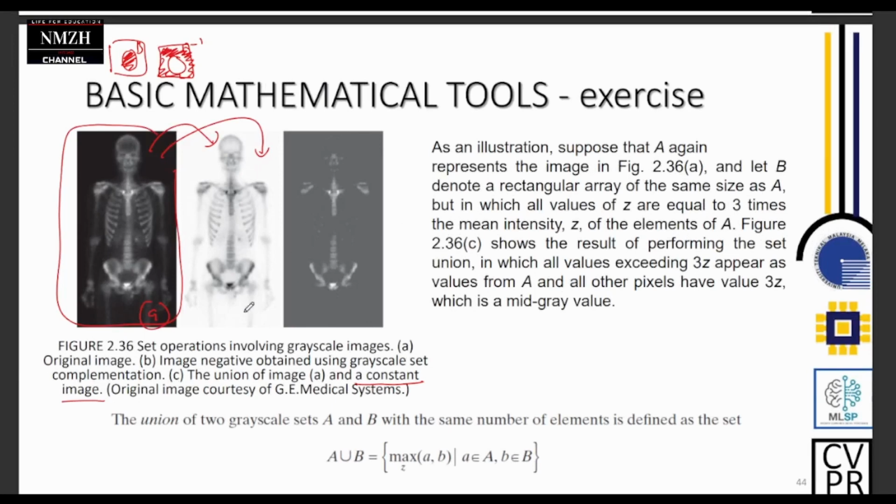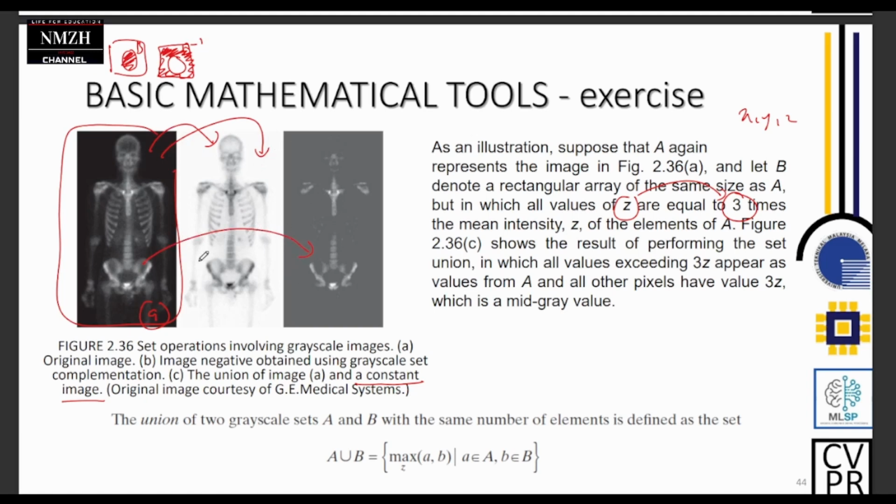Say z is the intensity for this particular case, so 3 times z appears as the value from A. Anything more than 3z will appear in the output image as gray.